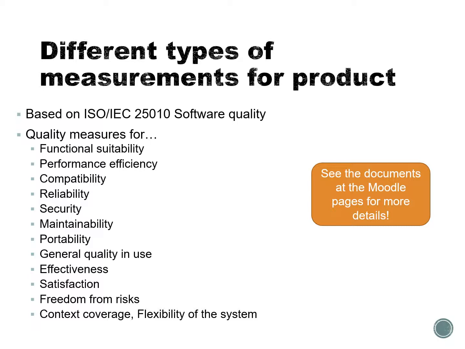In the lectures, we didn't go through them one by one because there are hundreds of them in the entire standardization material. But if you are really interested, you should go to the Moodle pages or Google around for the standardization, so that you get the idea of how these different types of measurements are defined.